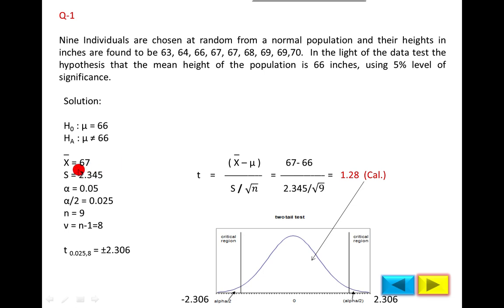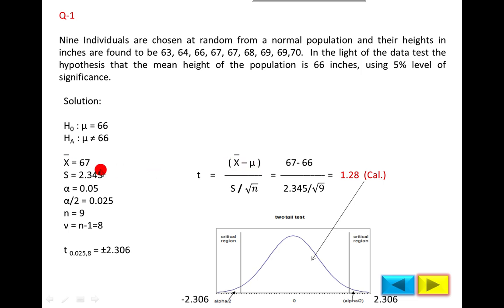In testing of hypothesis you have to calculate directly from the calculator, because if you calculate using the formula, it will be lengthy and time consuming.